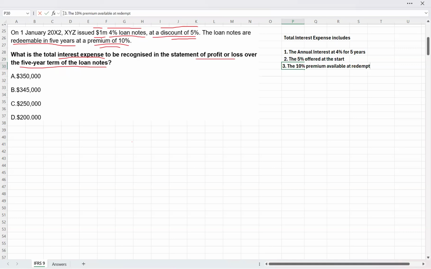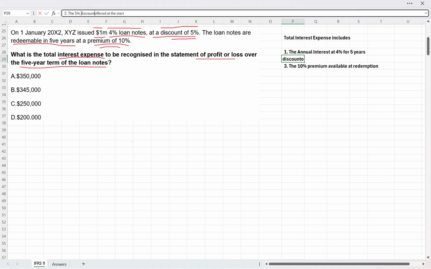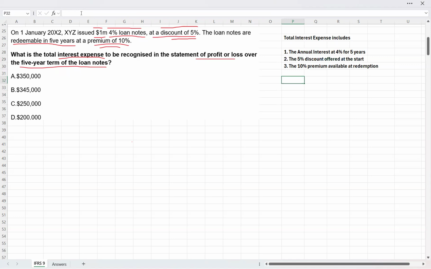So you understand that it's not only the interest, it's going to be the interest plus the 5% discount at the start and the 10% premium. So that is a lot of benefit.